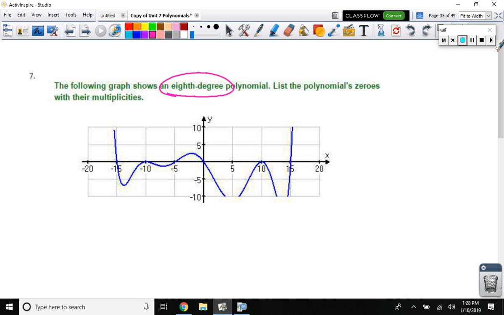How do you know it's not 4? Because the smallest it could be is 2, correct? And the smallest that could be is 1, because it cuts through. So let's assume the smallest. X equals -15 is a root, correct? And we're assuming that it goes straight through and it's a multiplicity of 1, right? Here, it's got to happen at least twice, so let's take the smallest.